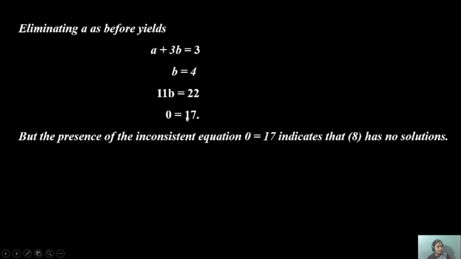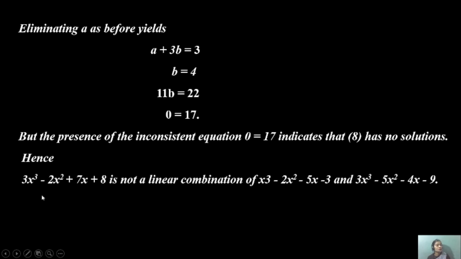0 equals 17, same as putting in the value. Okay, but the presence of the inconsistent equation 0 equals 17 indicates that it has no solution. It has no solution, which follows from the properties of vector spaces. Hence the expression 3x cubed minus 2x squared plus 7x plus 8 is not a linear combination of these equations, because this value is not generated in that equation.